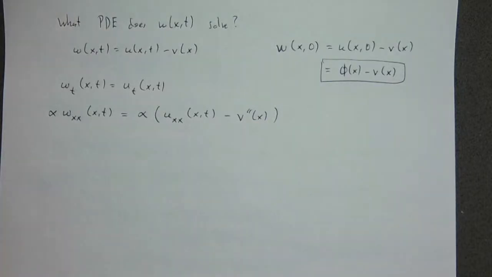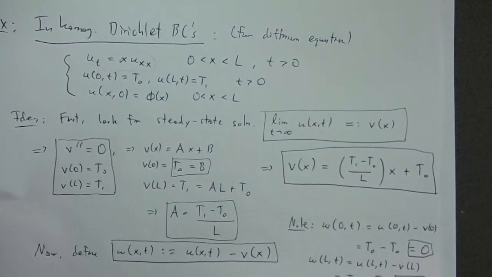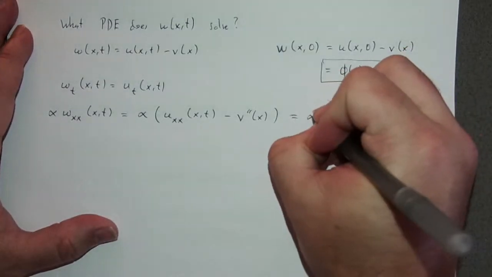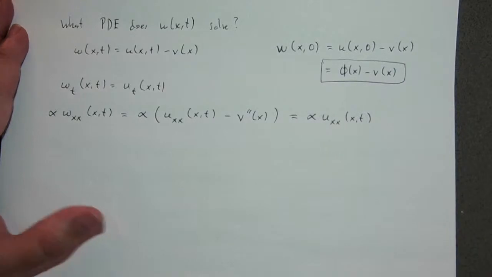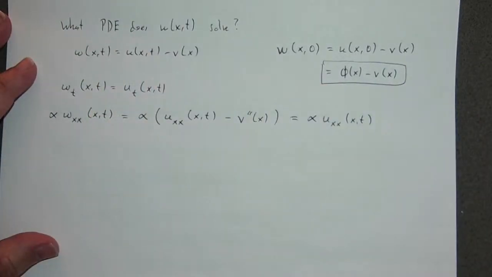But V double prime of x is 0. So this is equal to alpha U sub xx of x,t. And since U solves our original diffusion equation, so does W.